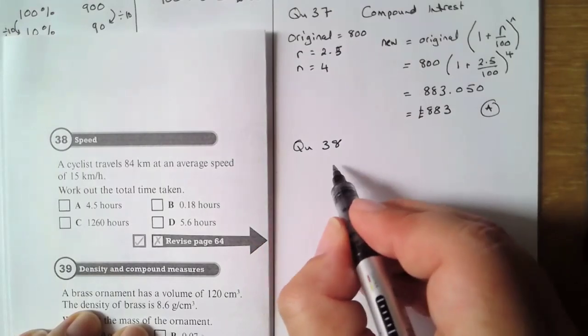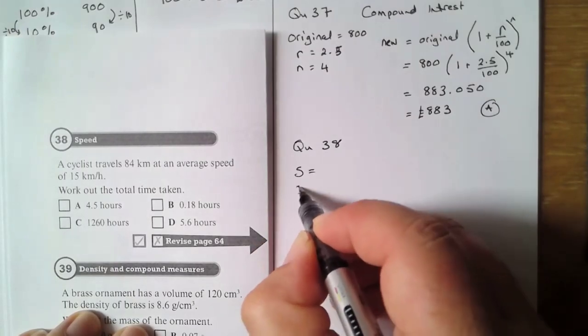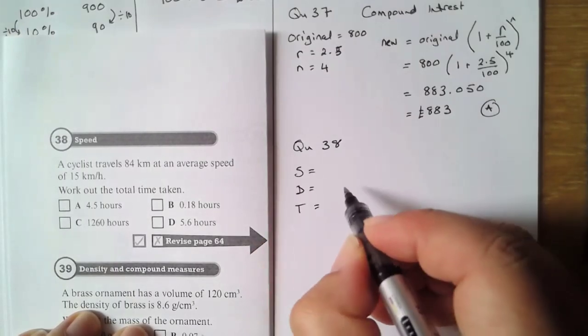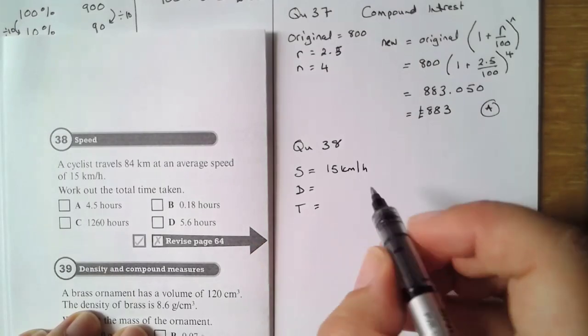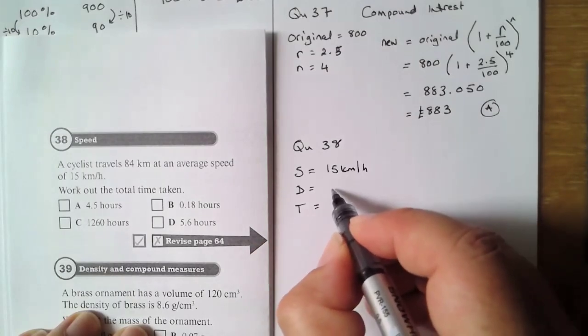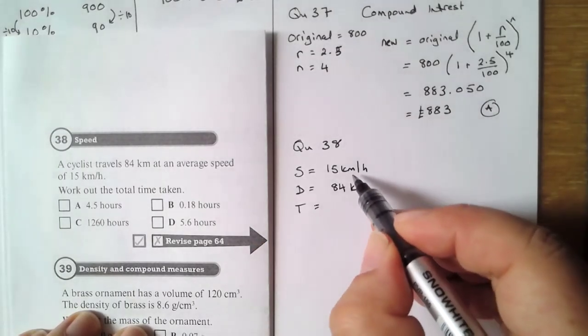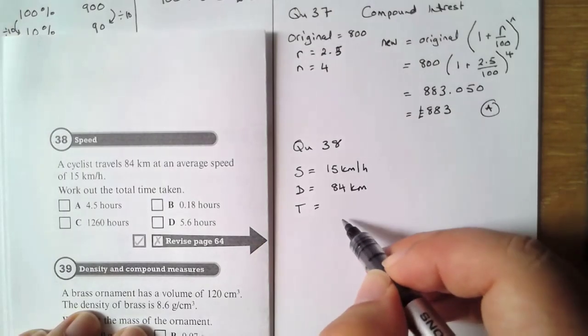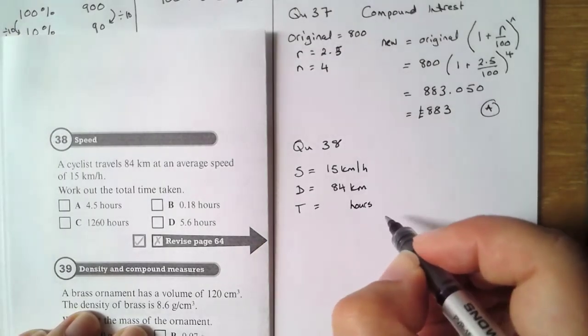Okay, so when I do a speed question, what I will do is write out speed, distance, time. Speed in this question is 15. Distance is 84 kilometers. Now I'm checking my units. Kilometers. We're going to want our time in hours.